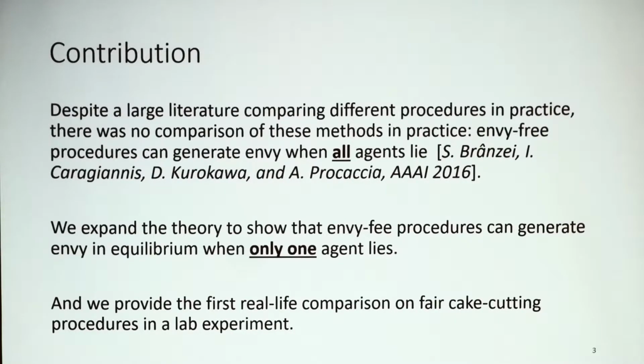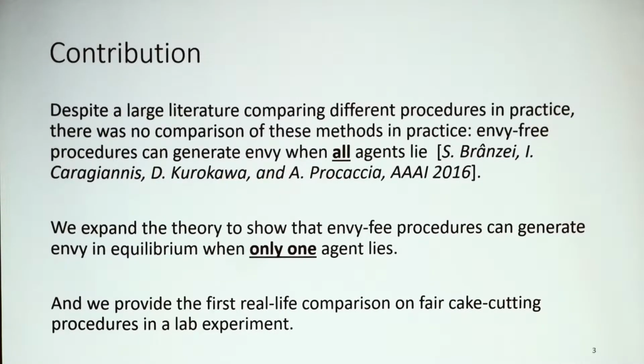In previous work by Bransey and co-authors, it has been shown that one of these famous procedures, called Selfridge Conway, to divide cake among 3 players, can generate an envious allocation when the 3 players lie. And this happens in equilibrium.